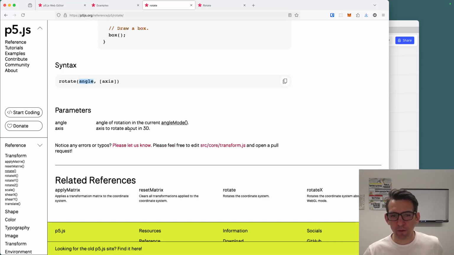If we provide the axis, we would start having to rotate it in 3D, which is not what we're doing, right? We are working in 2-dimensional space, so we're just going to provide it with the angle, okay? And the angle of rotation is specified in angle mode. So that is another important thing, right?